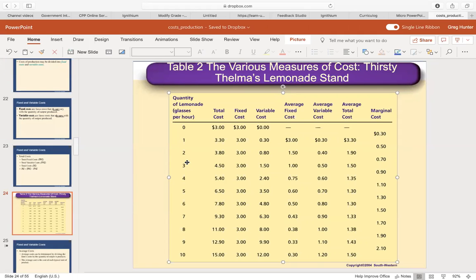How much output will they decide to produce? And then ultimately, right, we want to see if we can uncover the supply relationship that shows as the price of the product goes up that a profit maximizing firm will decide to produce more of the good. But in order to analyze that connection between costs and output, it turns out that we have to begin to look at these other measures of cost.